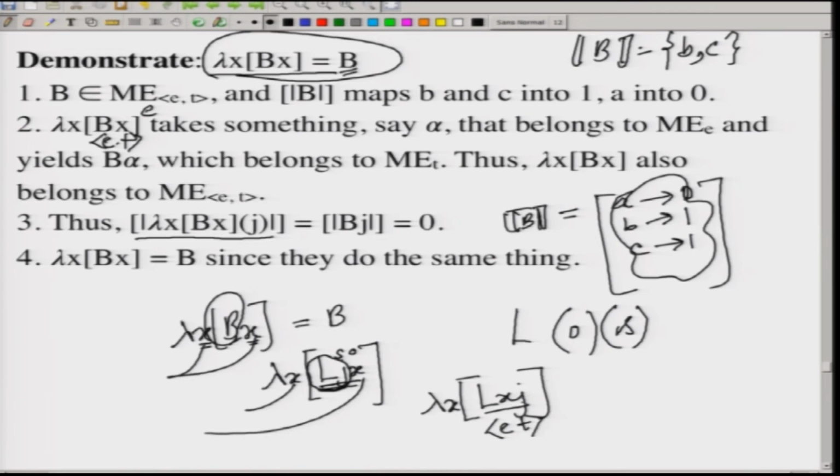Because J is already there, one argument it has taken and yielded this, it is a constant. So, it works only in the area of x, that is, it has one unsaturated variable and there it works. So, although L is E to T, L x j is just E to T, because one E has been saturated. So, all I am left with is this much, E to T.